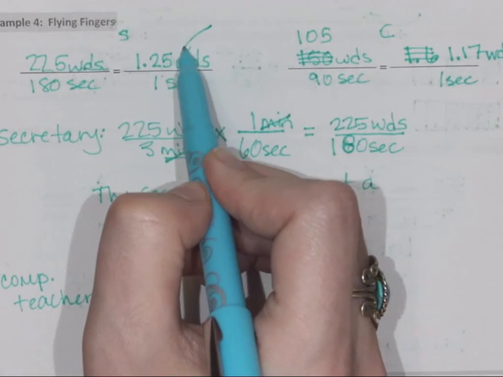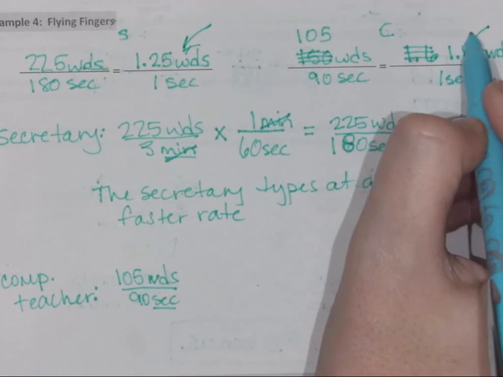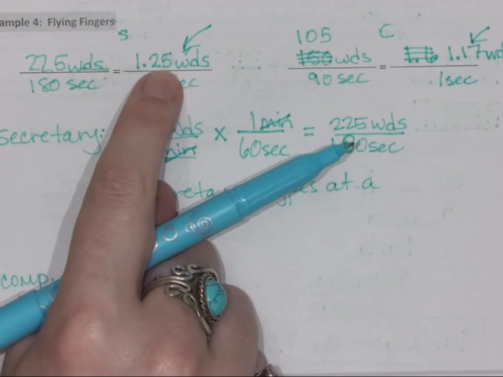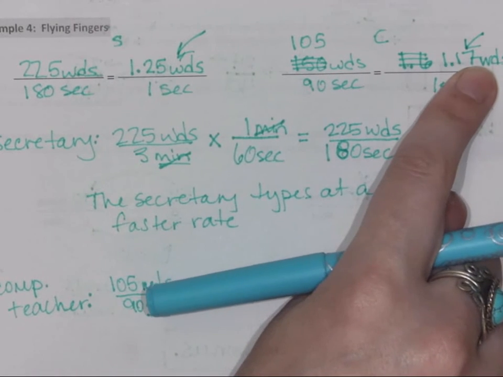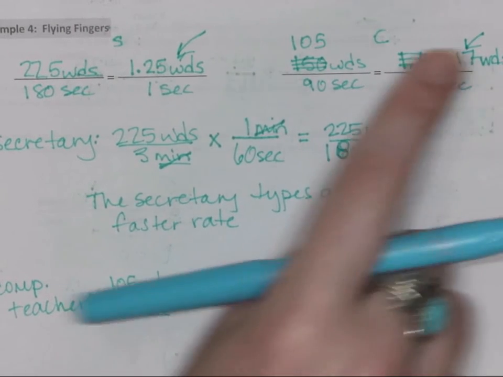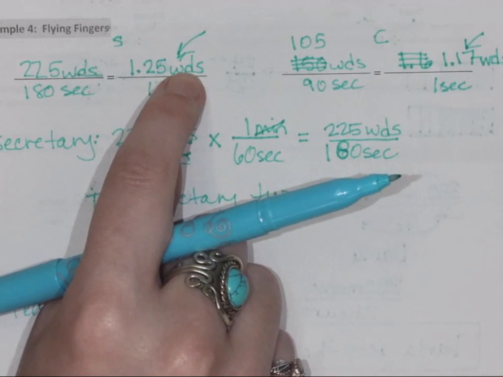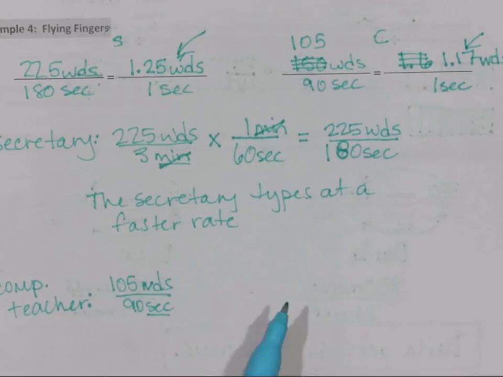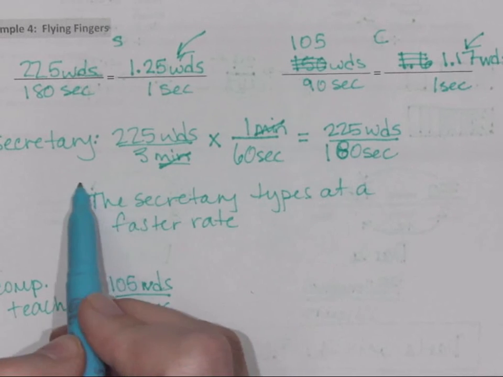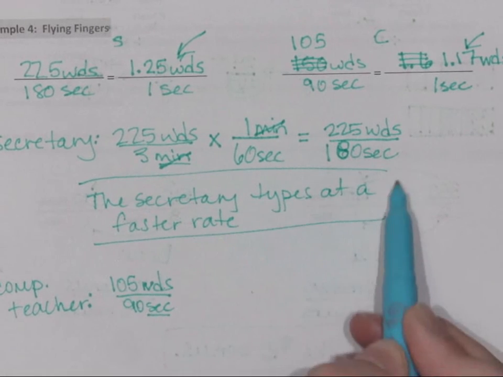Let's look at their rates, their unit rates. 1.25 words is more than 1.17 words. This person typed more words in the same amount of time, so they are faster. The secretary types faster.